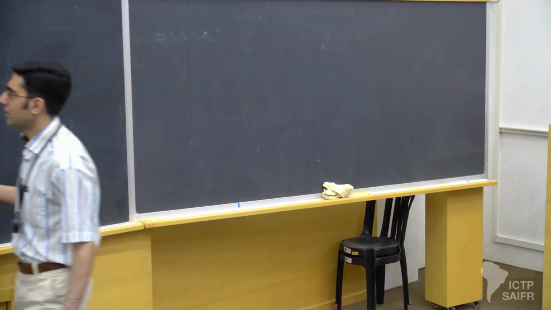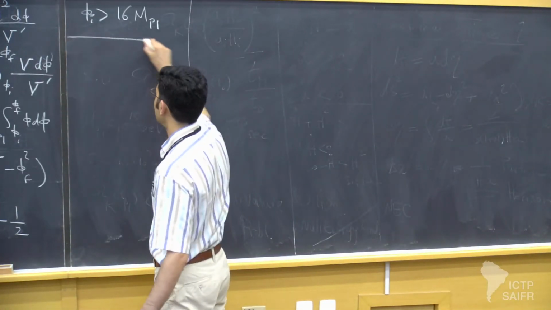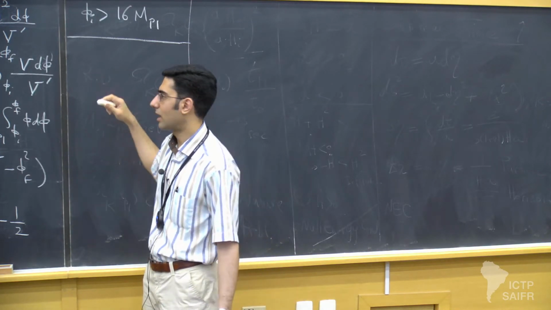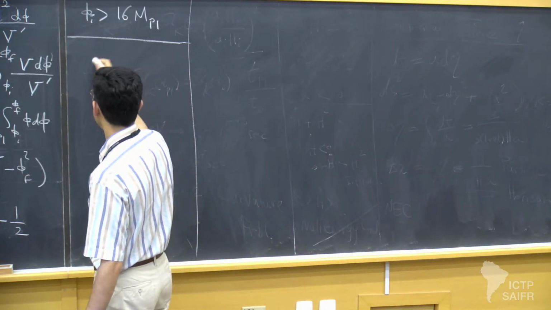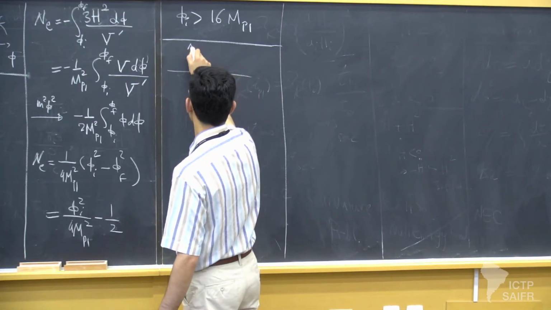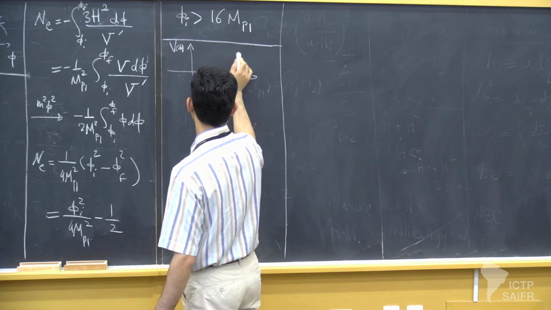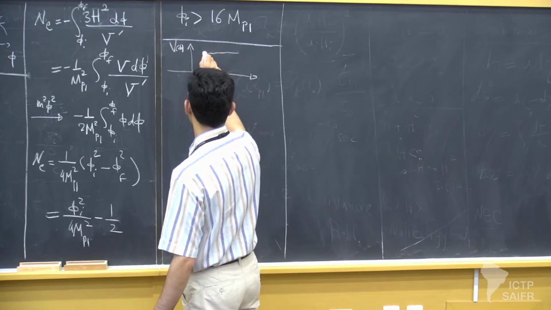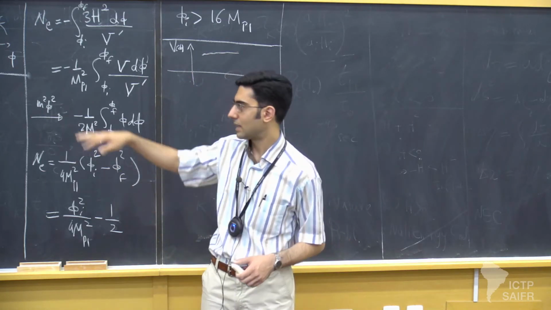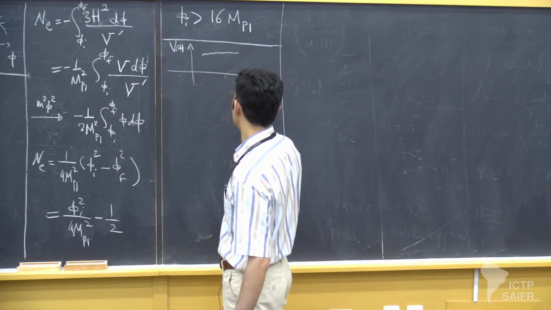On the other hand, nobody stops me from considering a potential that is not a power law and it satisfies the slow roll condition. The only point is I have to put a new scale in the potential. So I should consider a V of phi that is sufficiently flat, but then at the end, instead of naturally going down, as these power law potentials do, it has a scale in it.